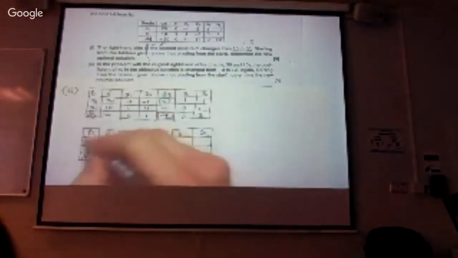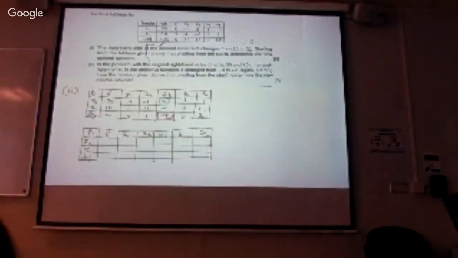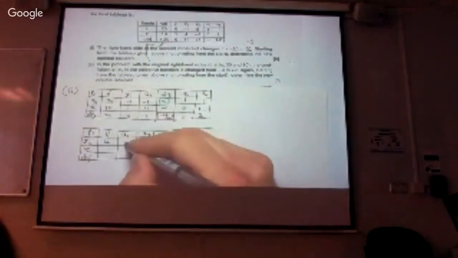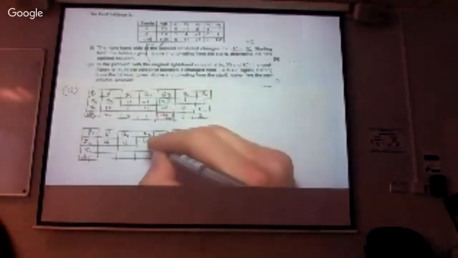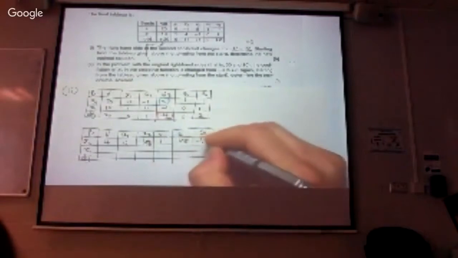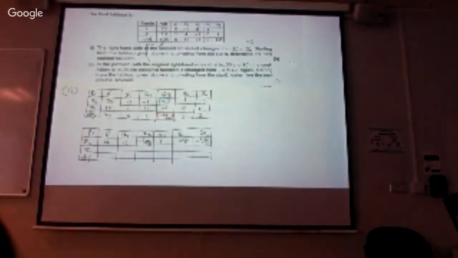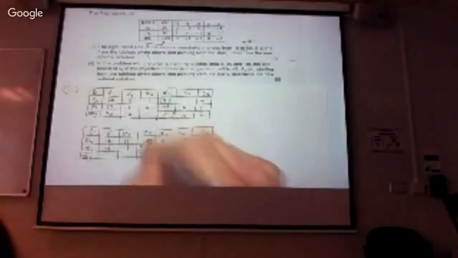So S1 replaced with X3. First row divided by 5 is 4, 0 minus quarter. And the rest of it. Apparently 14, 1. 8.